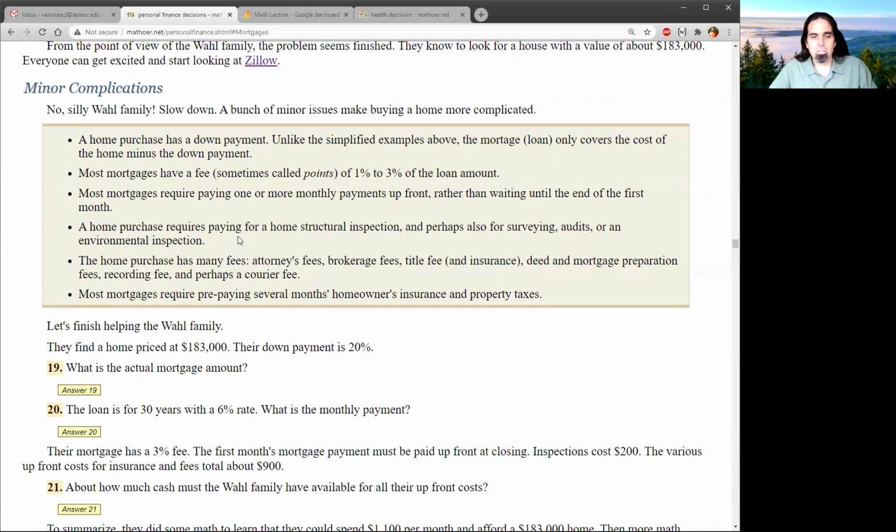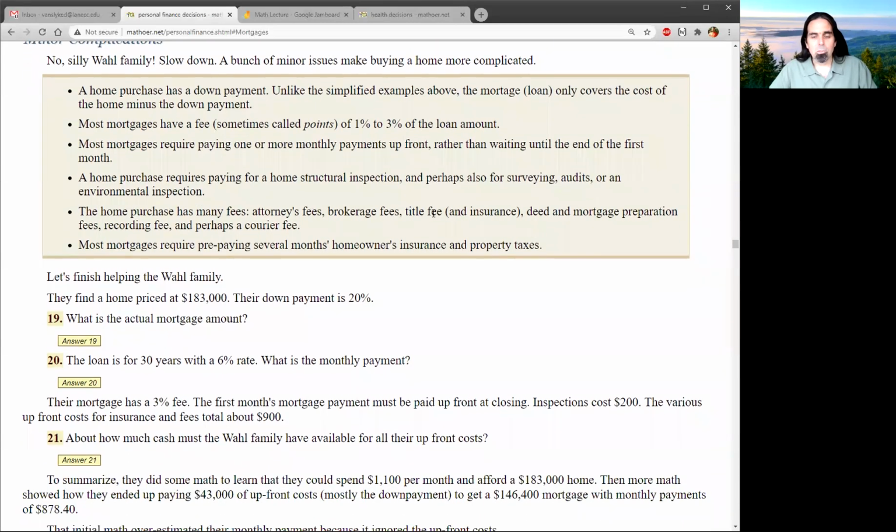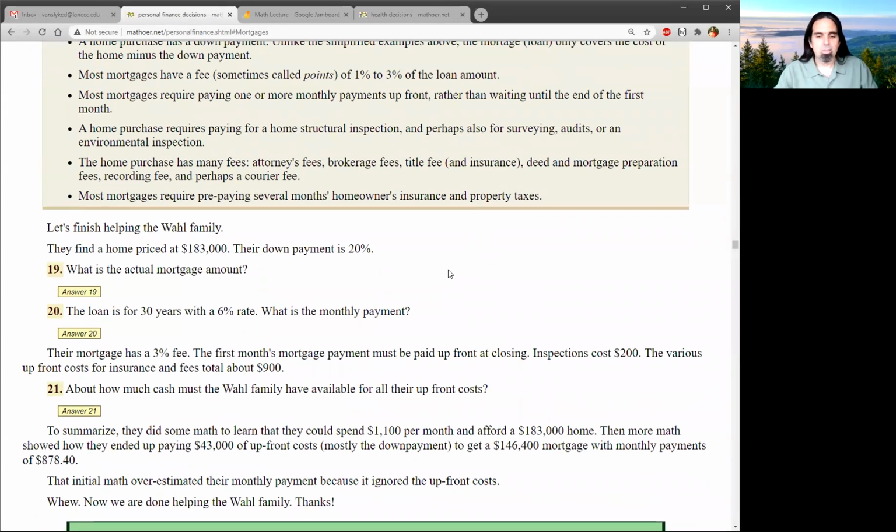And there are lots of fees: attorney's fees, brokerage fees, title fees, insurance fees, deeds, mortgage, reporting, and so on. Most mortgages also require prepaying some homeowner insurance and property taxes. So let's deal with all those little issues.